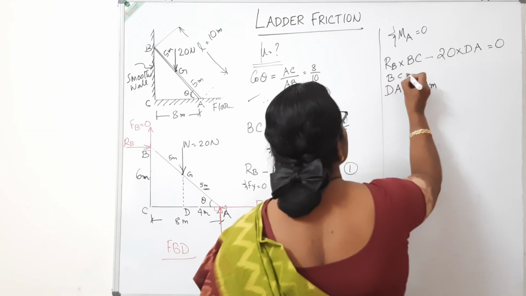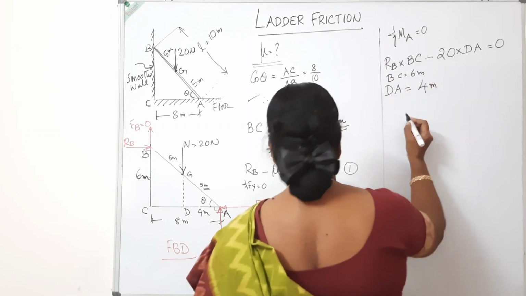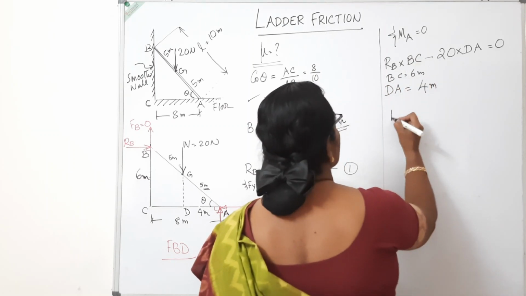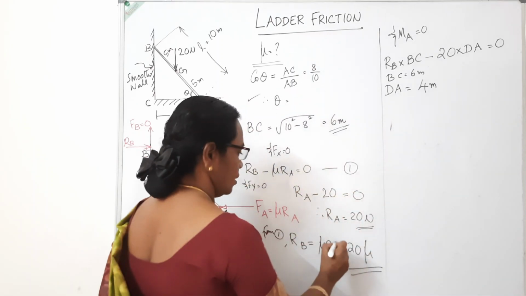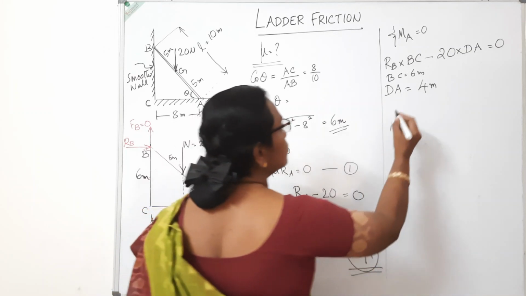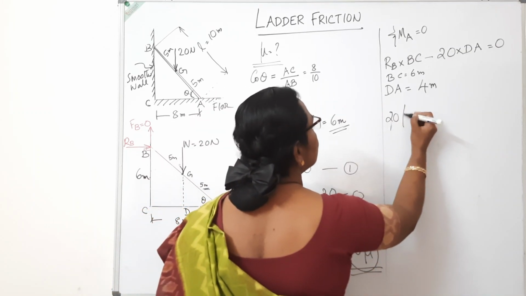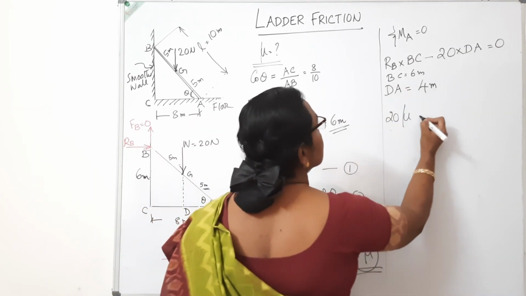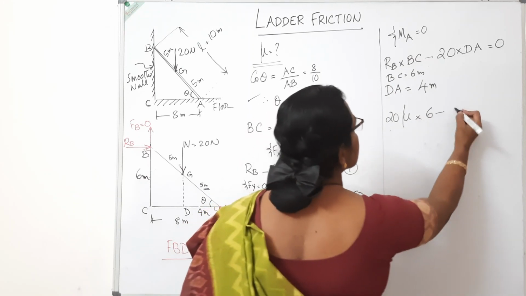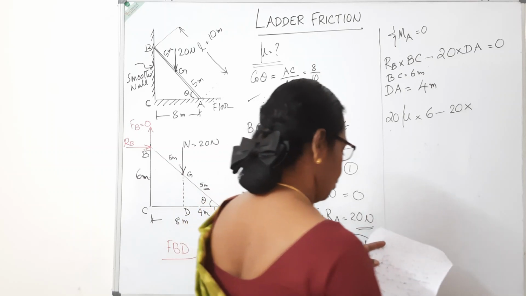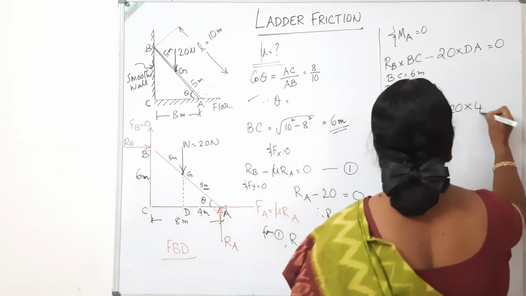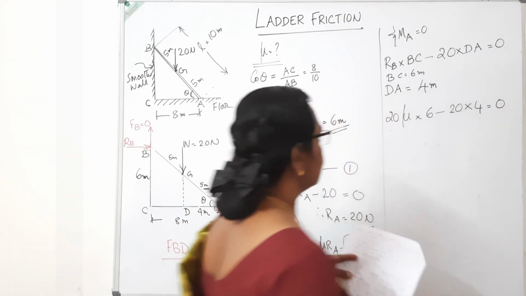BC is 6 meter. Substitute into this RB. RB is mu RA, and here we have got RB as 20 mu. So 20 mu into 6 minus 20 into 4 is equal to 0.